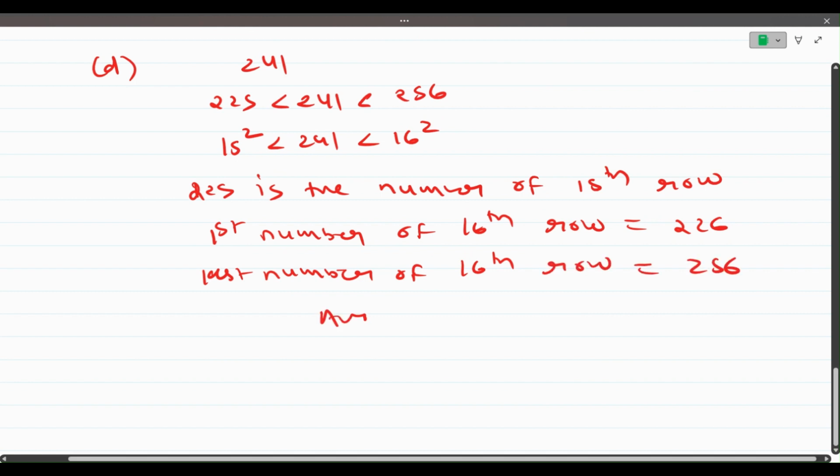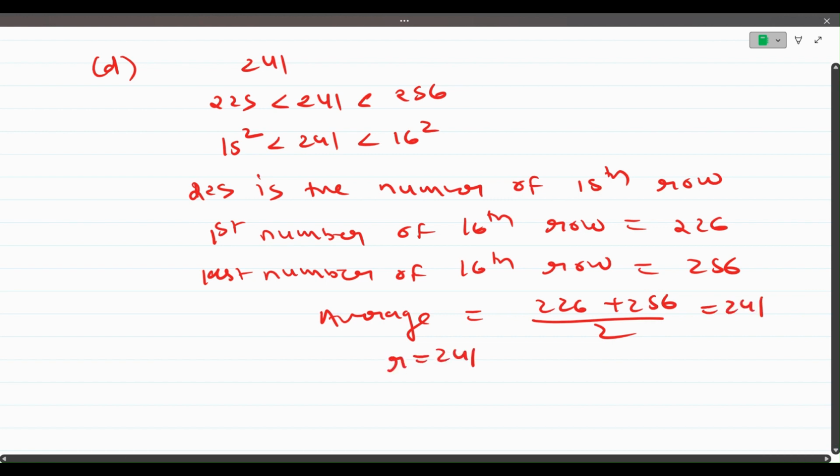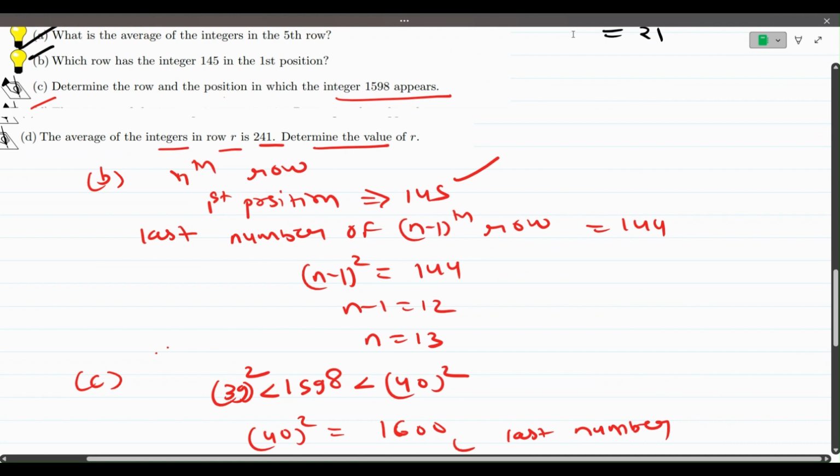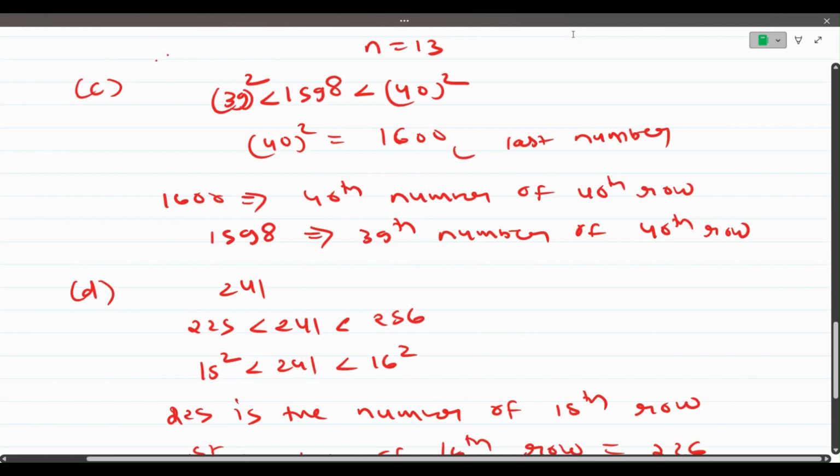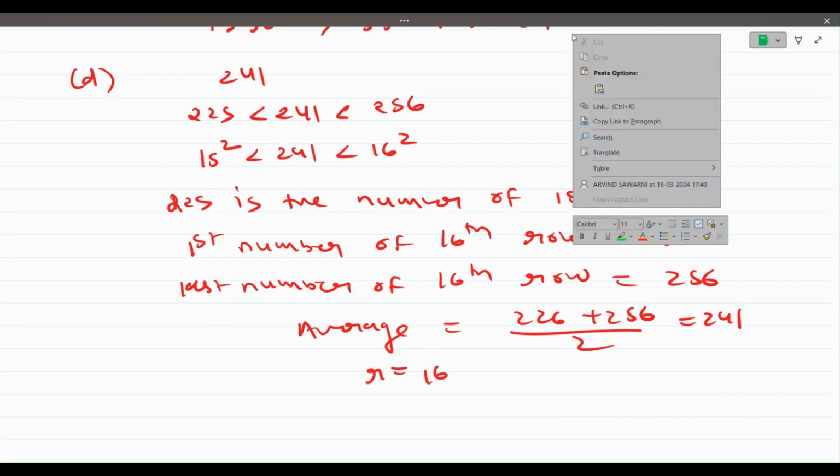If you find the average of these two numbers, 226 plus 256 over 2, that's 241. So it means R is equal to 16. So 241 lies in row number 16.